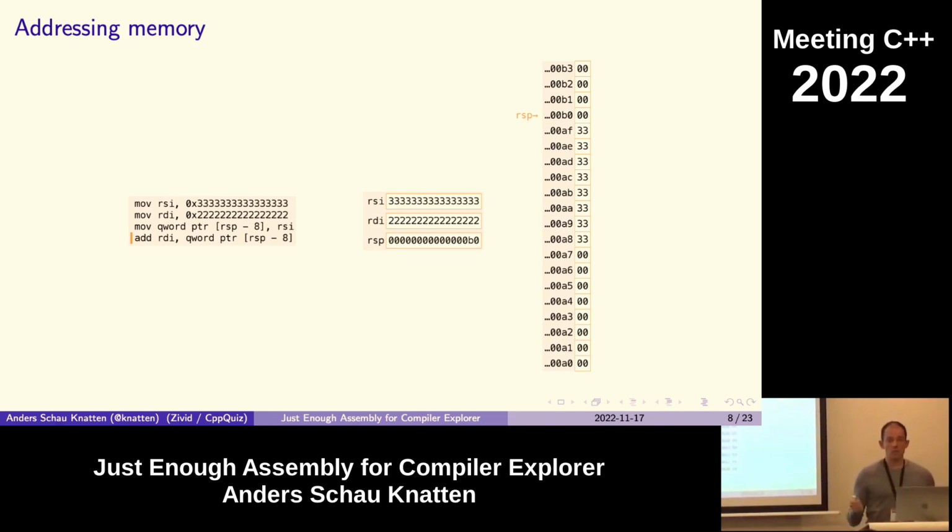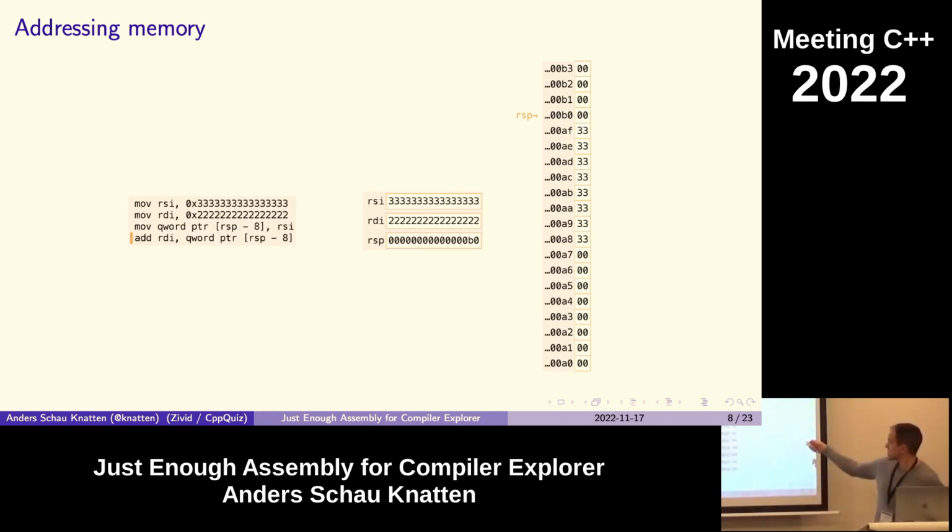Memory addressing can also be used in other instructions. In addition to move, you can use it, for instance, in add. So if I do add RDI, and then this QWORD PTR [RSP-8] thing again, I'm going to read the value from RSP-8. And the QWORD PTR is kind of dereferencing that, so we get the value rather than the address. And then we add it to RDI.